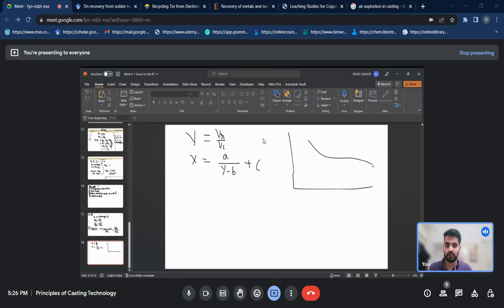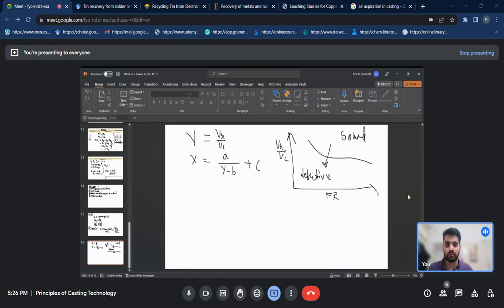there is a graph he gave between VR by VC and this freezing ratio. If it is below this, then your casting is defective, while above this it is a sound casting.